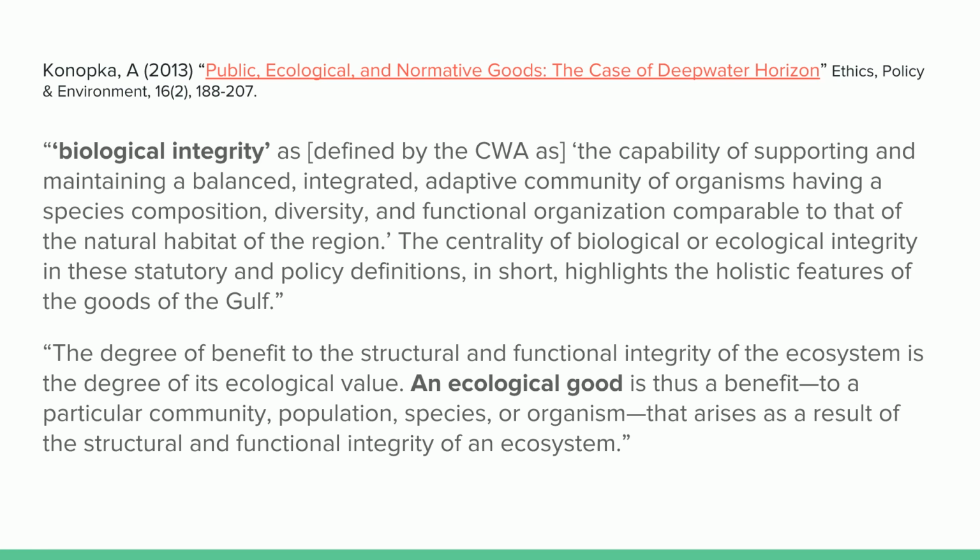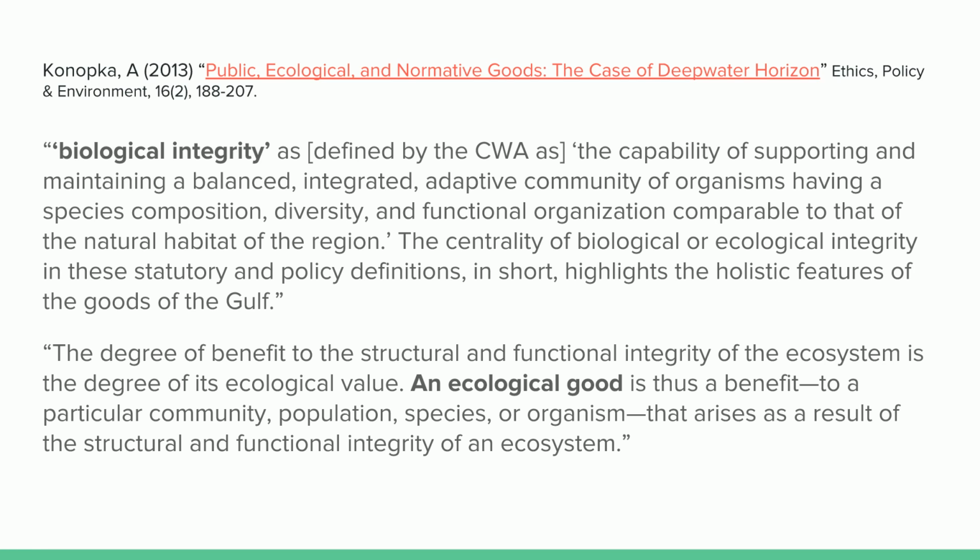Next week in Lesson 9, we're going to be talking about climate change and geoengineering. And I also think that ecological integrity is going to be one of these important considerations for deciding whether to engage in some geoengineering project.